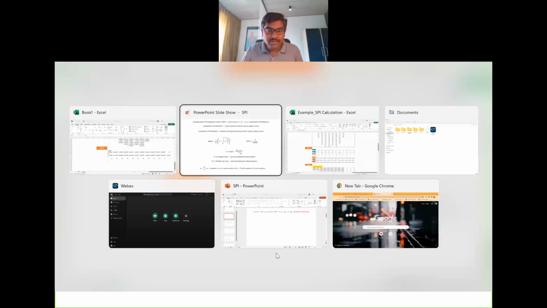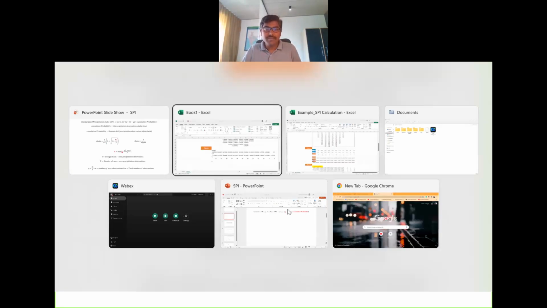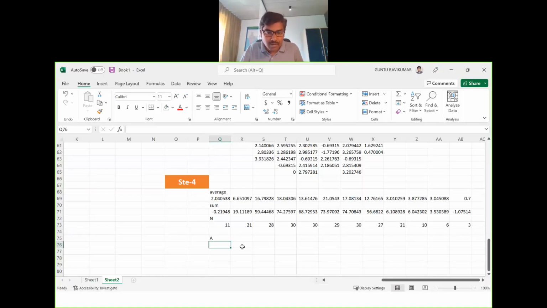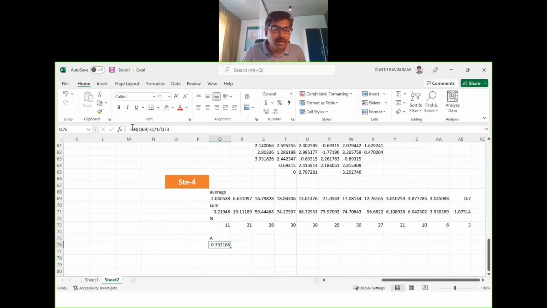Now I need to calculate my A. To calculate A, I'll go through the equation once again. The natural logarithm of the average, minus the summation divided by capital N, which I'm keeping in a closed bracket.